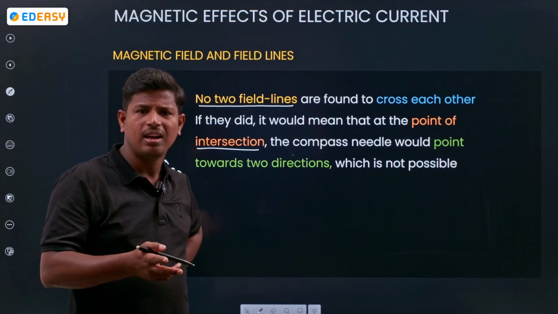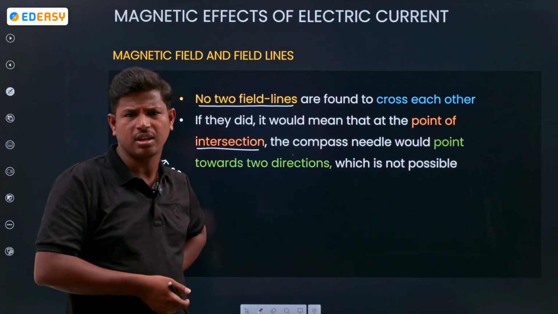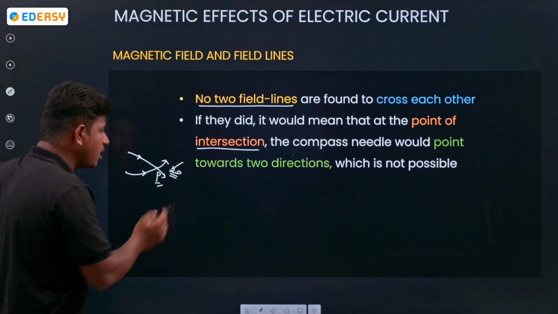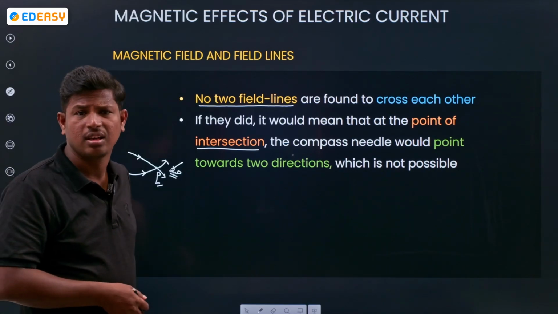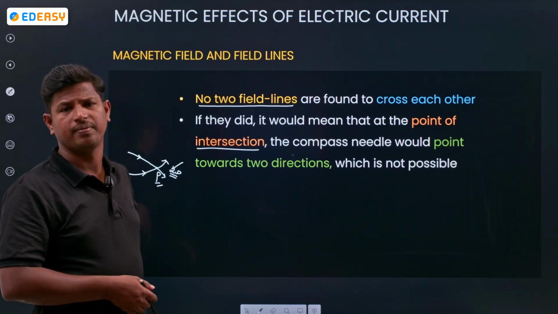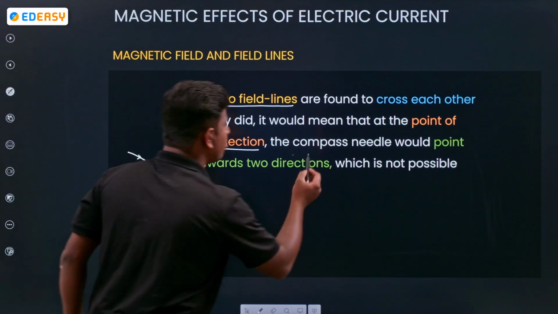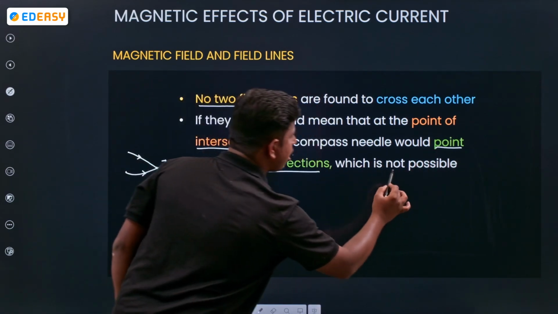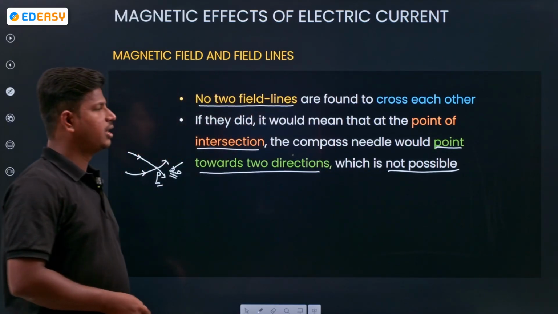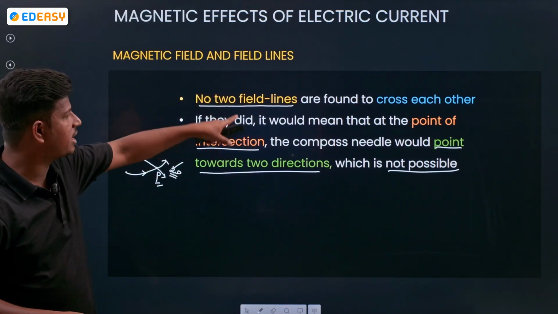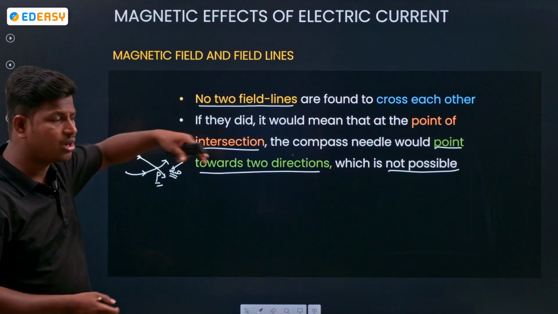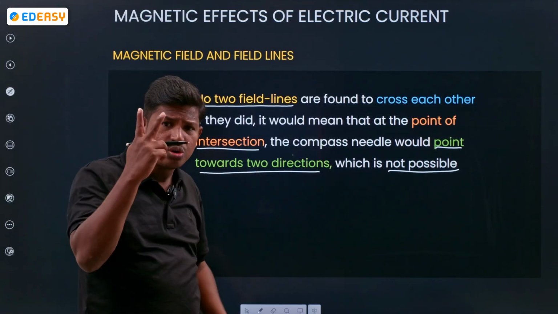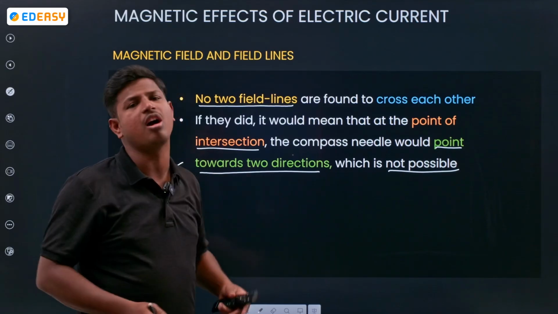The magnetic field lines go north to south outside and south to north inside. From where do two directions come when two lines intersect? It never intersects. So the compass needle would point towards two directions, which is not possible. If one line crosses another at the point of intersection, it has to show two directions. It is practically not possible.